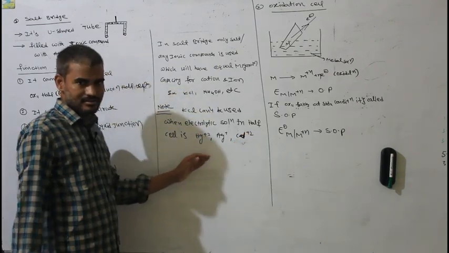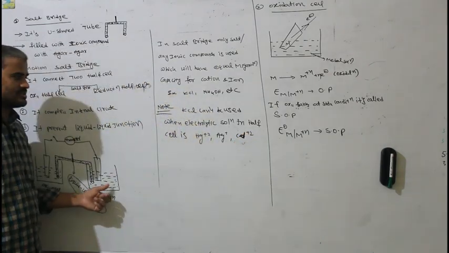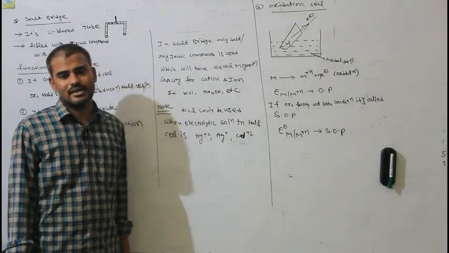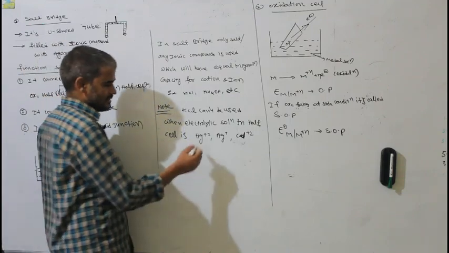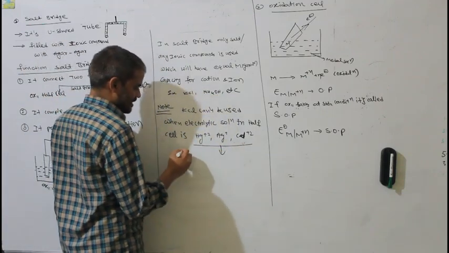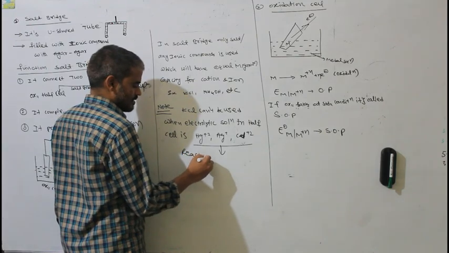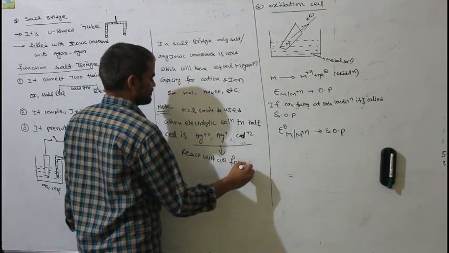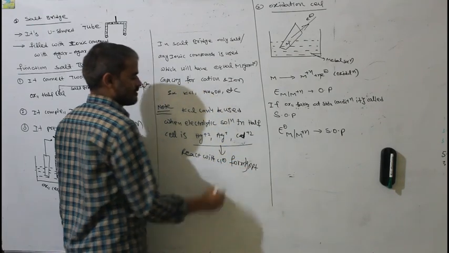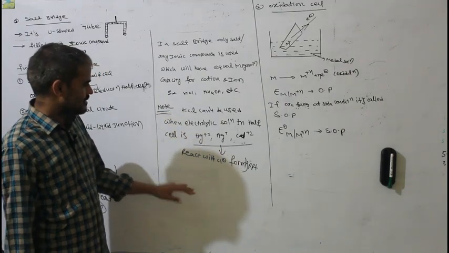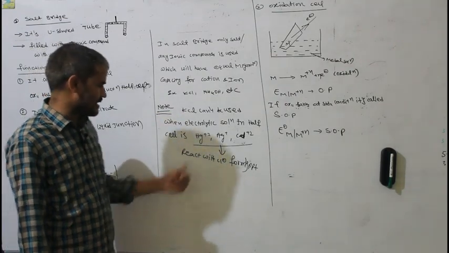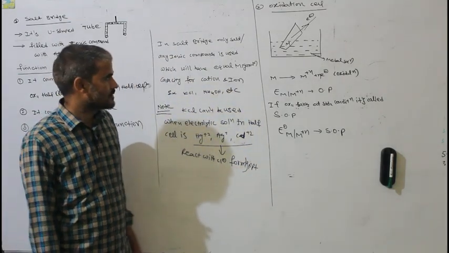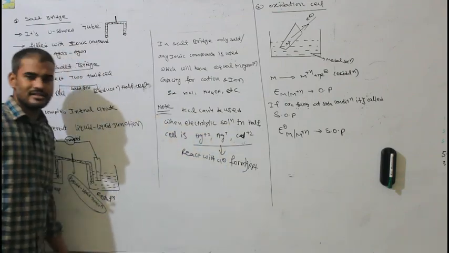If the solution belongs to these, you can't use KCl as a salt bridge. Reason: these will react with Cl minus and form a precipitate. To avoid it, KCl cannot be used as a salt bridge when mercury, silver and cadmium ionic solutions are present. These are the parts which are present in the galvanic cell.